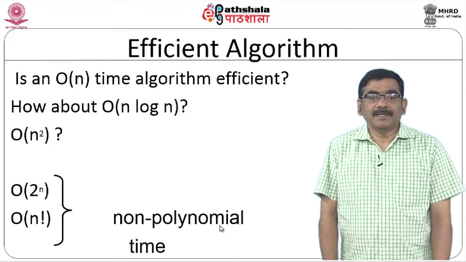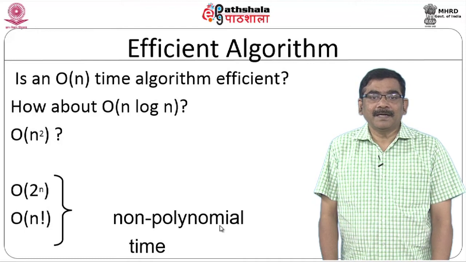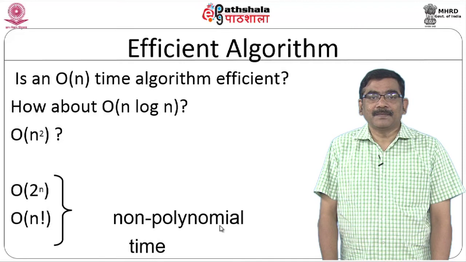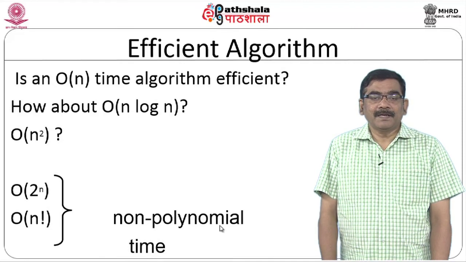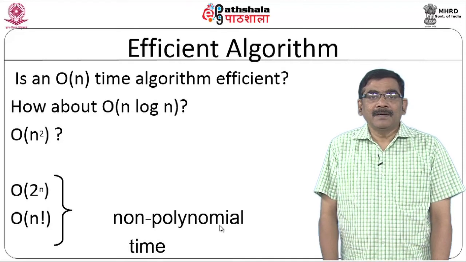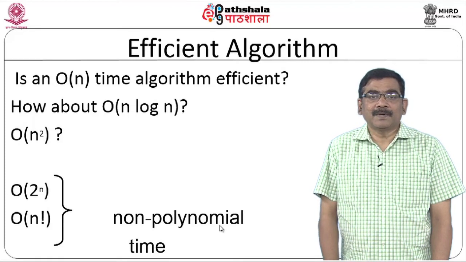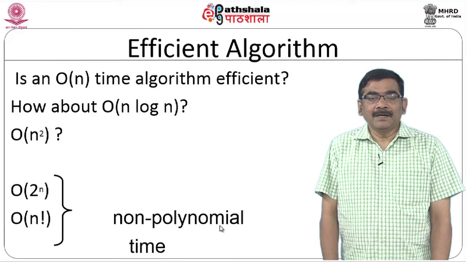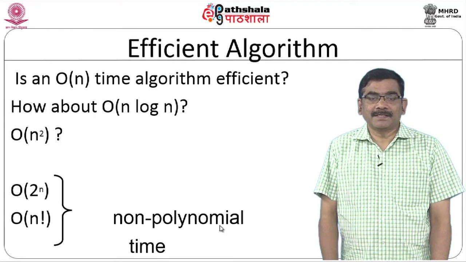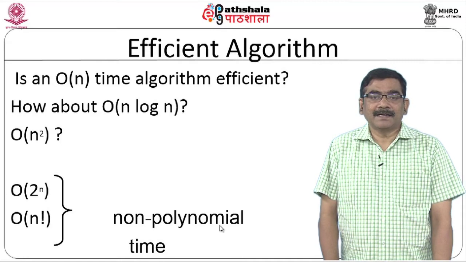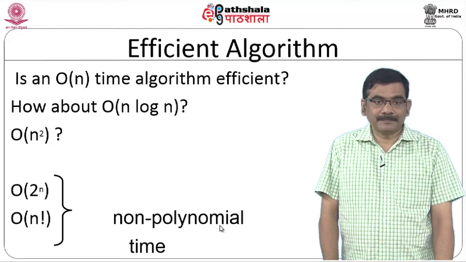Hence, these algorithms are not called polynomial algorithms, but instead non-polynomial algorithms. Non-polynomial algorithms for large n are intractable. In other words, we cannot solve these problems within the available resources such as memory and time, and hence they are characterized as inefficient algorithms.